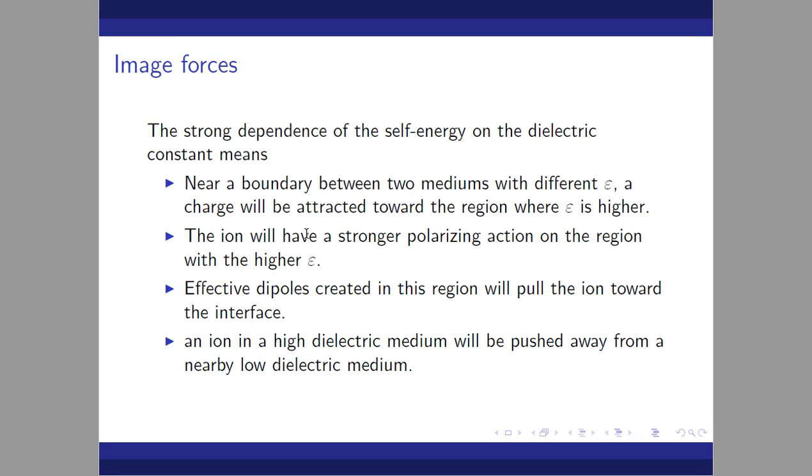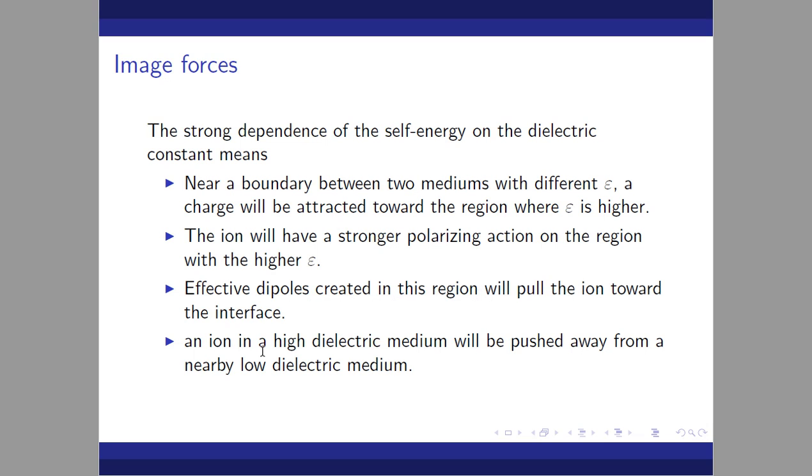And the ion will have a stronger polarization action on the region with the higher dielectric constant. An effective dipole created in this region will pull the ion toward the interface, moving the ion from far from the membrane to near the membrane.